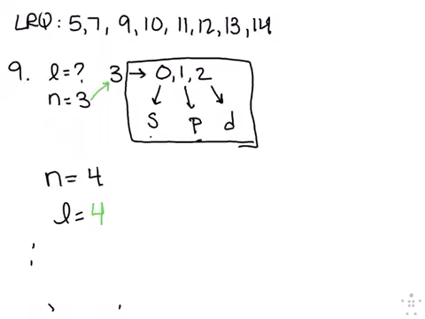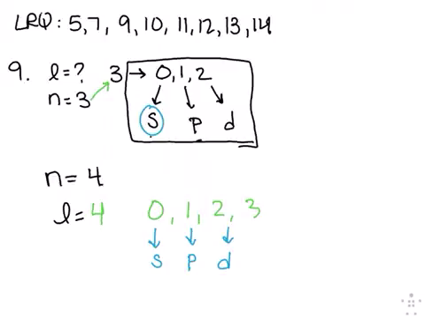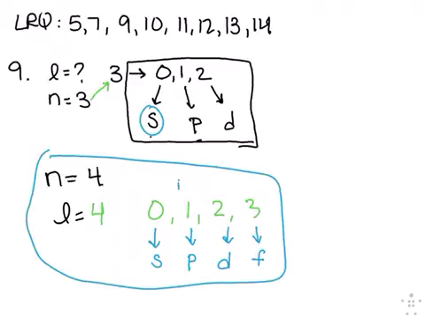So here we would have 0, 1, 2, and now our 4th one, which would be a 3. Then we match these up: 0 matches to S, 1 matches to P, 2 matches to the D sublevel, and the last sublevel to fill will be the F sublevel. This was just an example problem. This is not on the homework.